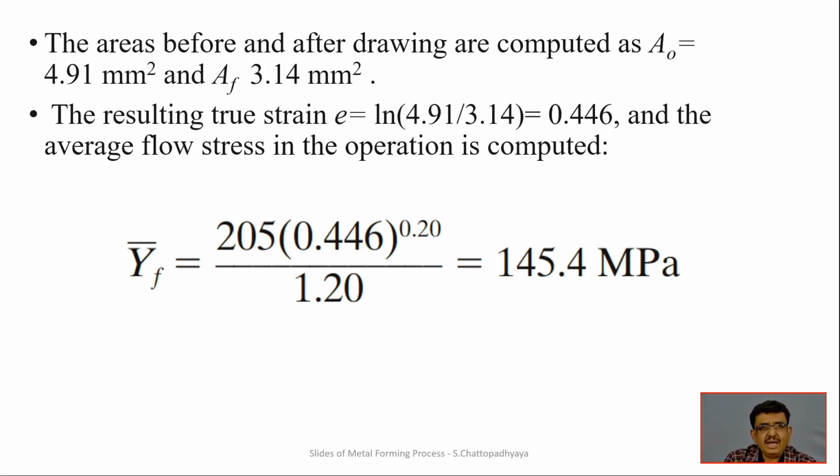So the area before and after drawing is very easy, because A0 depends on the diameter 2.5 and those things, and according to that we can determine the value of A0, and we can easily determine the value of Af from the diameter itself.